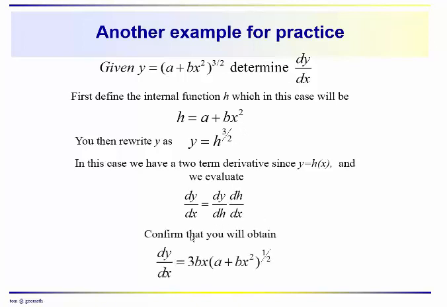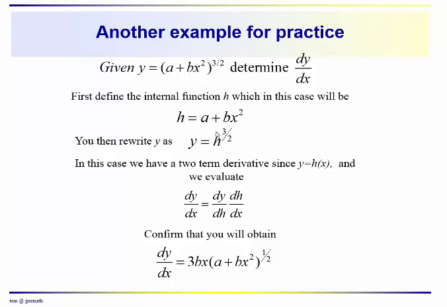And then again we get dy/dx is equal to dy/dh times dh/dx. I'm leaving a little bit of work for you, but when you fill in some of the steps that I skipped, you should get dy/dx is equal to 3bx times (a plus bx squared) to the 1/2.